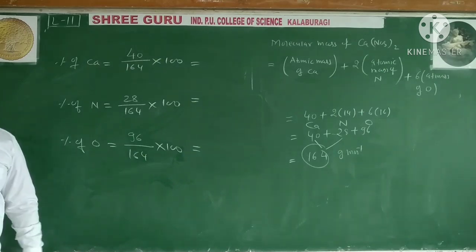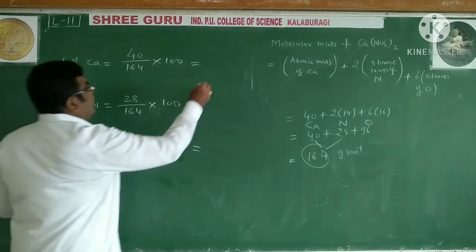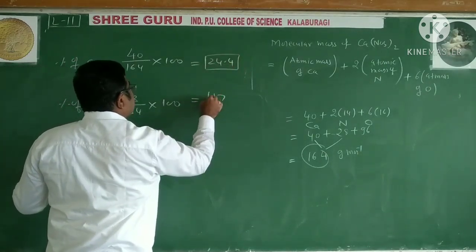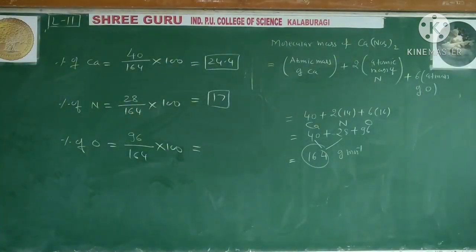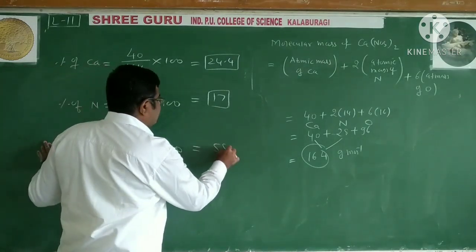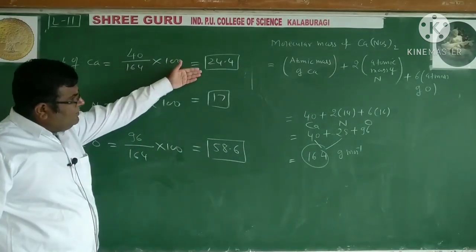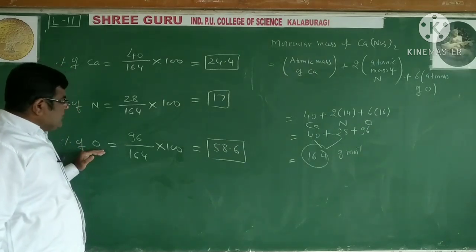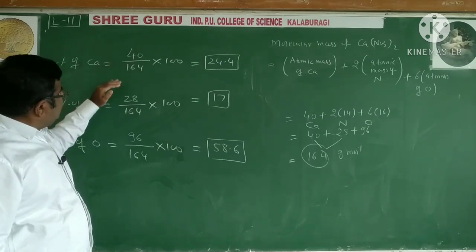Simple calculations these are. 24.4, 17.03, we can just round it off. And 58.6. When we add all these three, it should be 100%. Percentage of oxygen also can be calculated as 100 minus the percentage of calcium plus percentage of nitrogen.